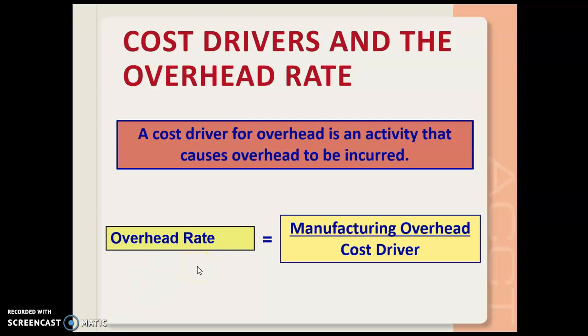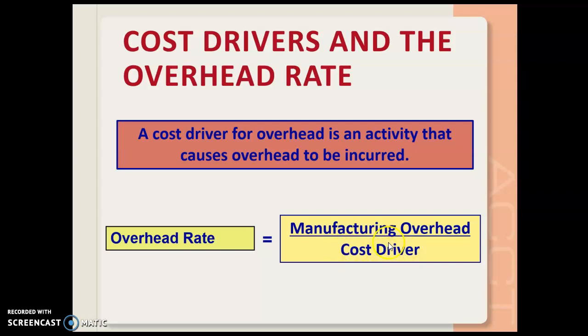Okay, so here's our formula for a single overhead rate that will just be applied across the board. We're going to take the manufacturing overhead costs and divide it by whatever is our cost driver, whether that's direct labor hours or machine hours, whatever it is that is our driver.